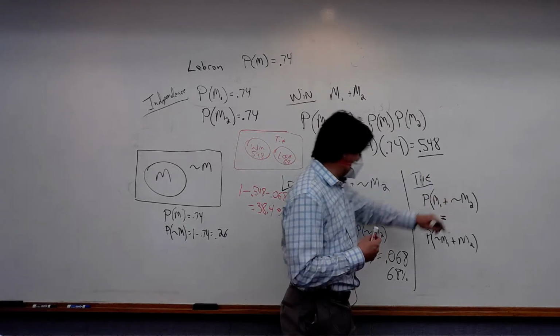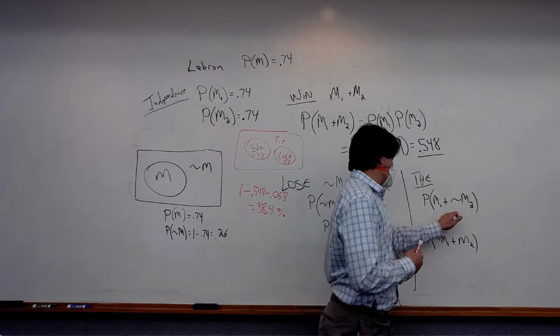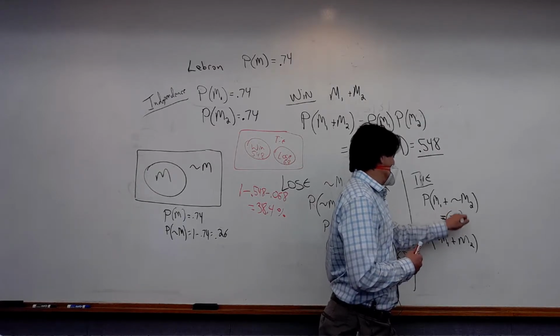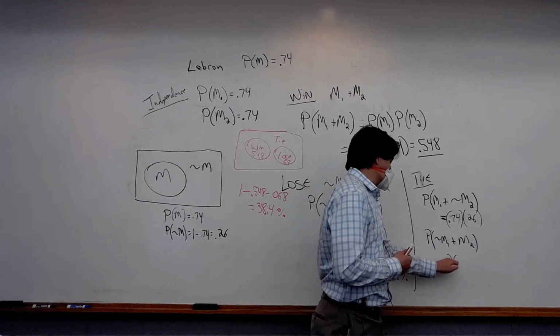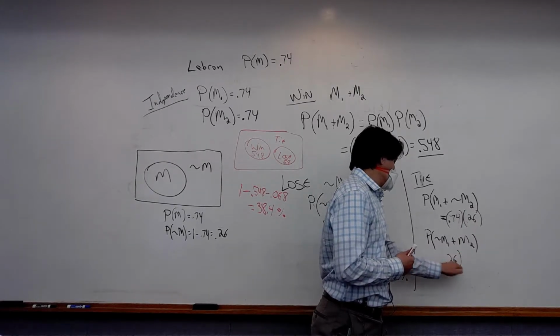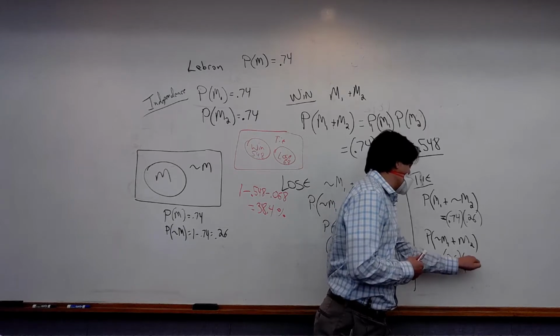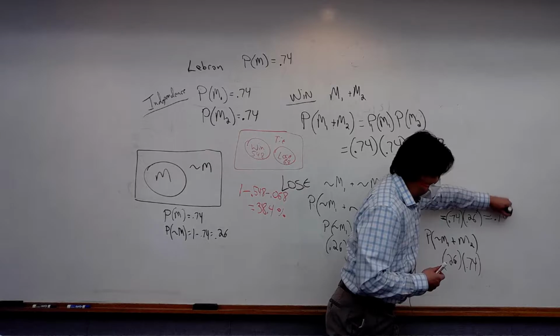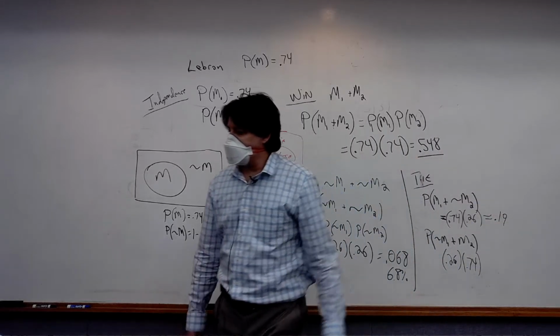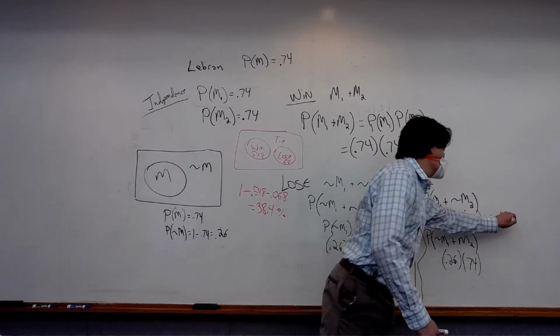And so this is just going to be what? Making the first is 0.74 times 0.26. This would be 0.26 times 0.74. Both of these, I think it's 0.1924 or something.